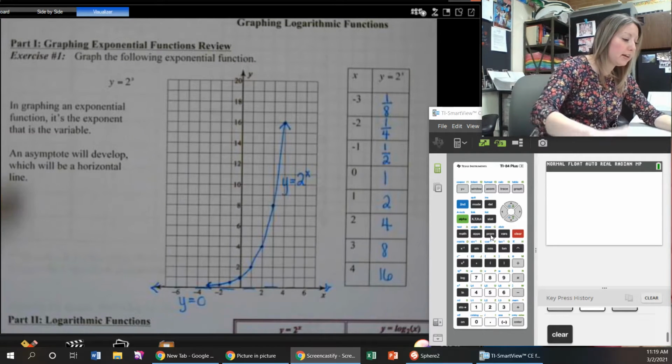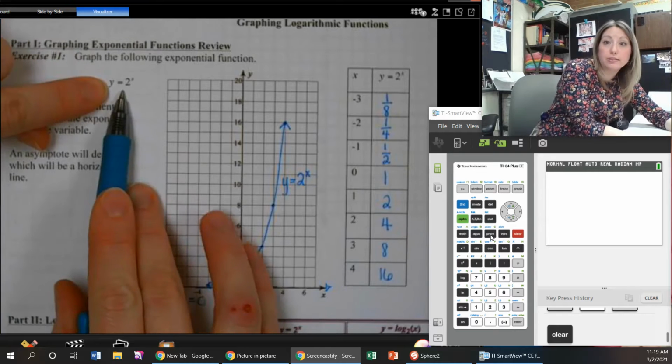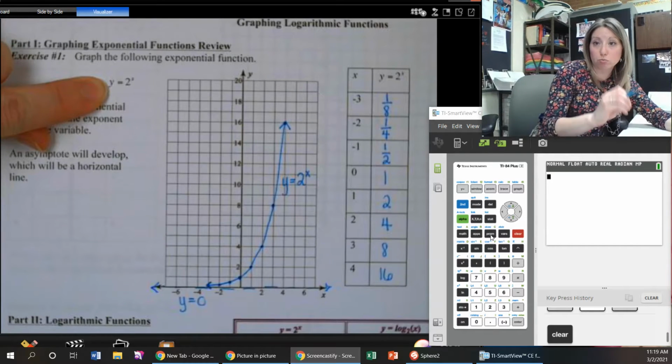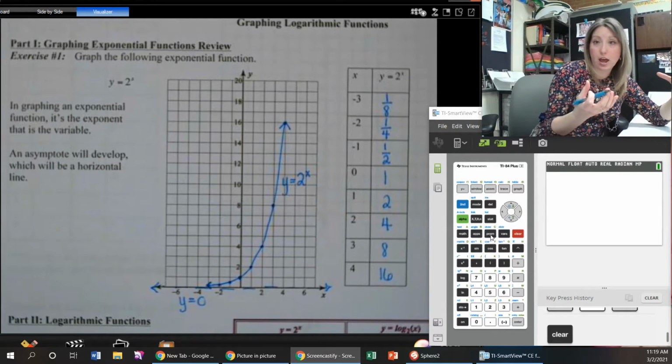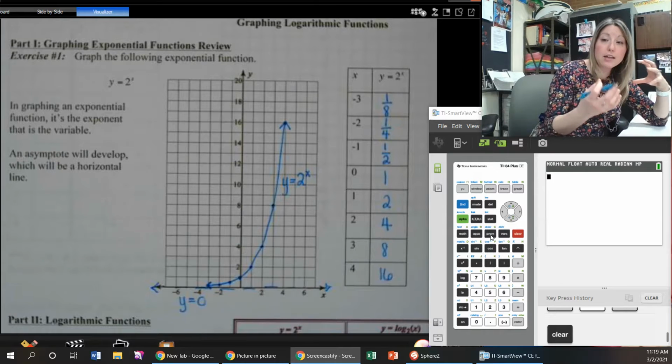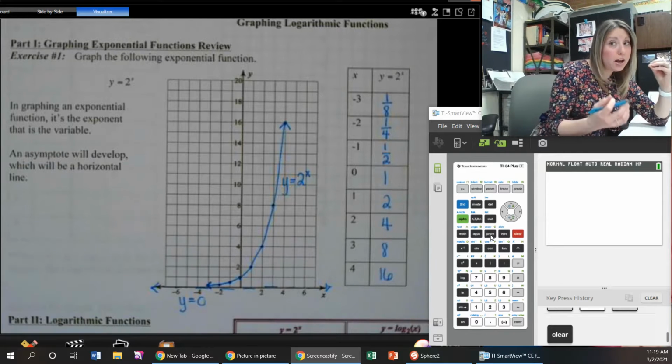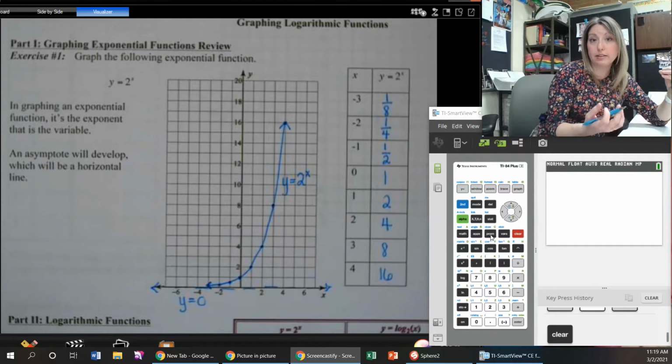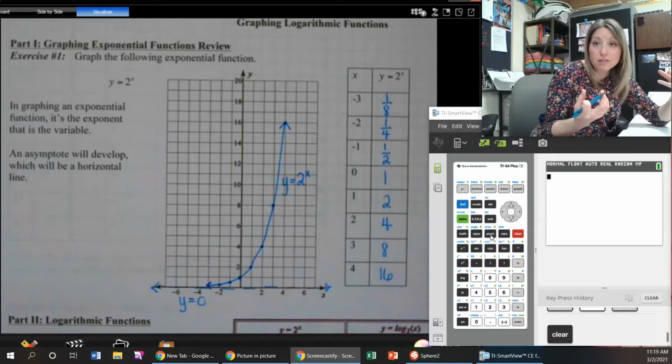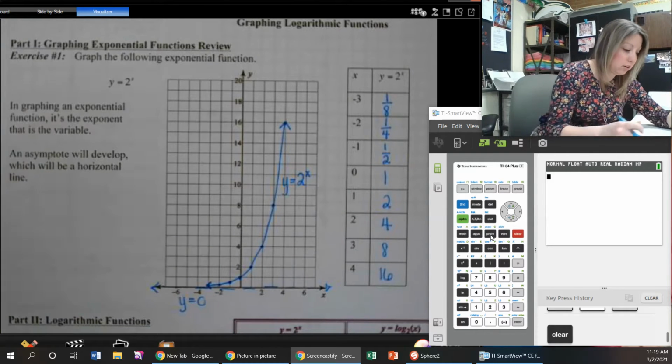When I take and convert this into logarithmic form, what ends up happening, so that I can have my y alone, is I actually get an inverse situation.